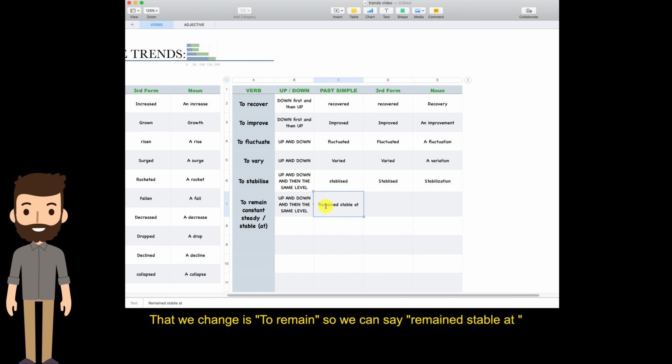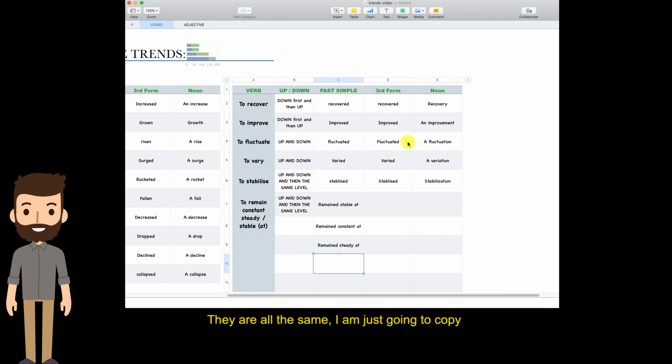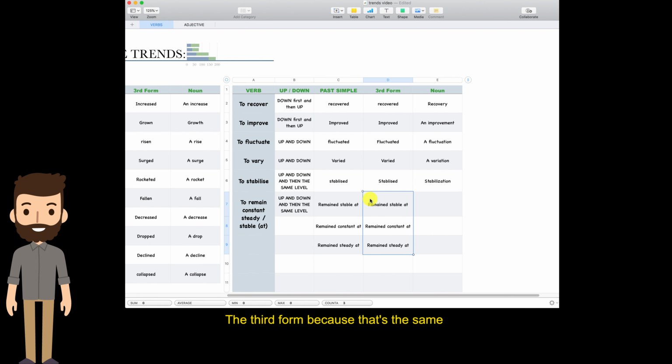So you can say remained stable at, remained constant at, remained steady at. They're all the same. I'm just going to copy this onto the third form because that's the same. There is no noun form.